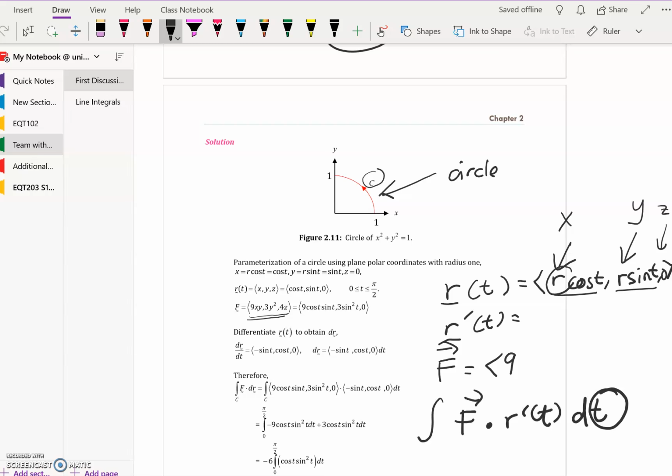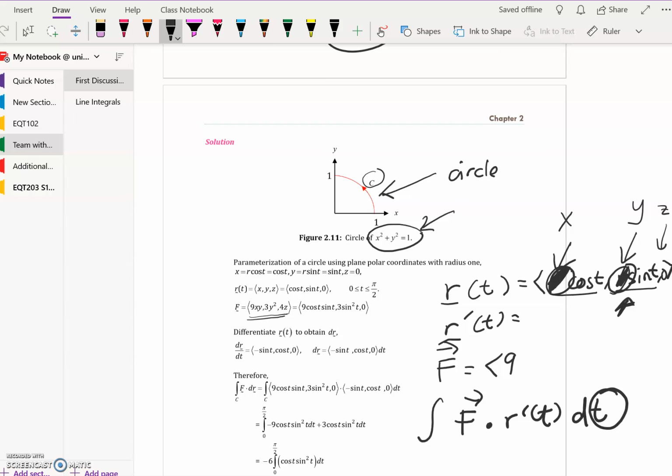So you can substitute whatever value of r according to your equation of a circle. Since your equation of a circle is x square plus y square equals 1, where r square equals 1, so r equals 1, so r here can be substituted by 1. So you have x equals cos t, y equals sin t. I hope that you understand what I mean here.